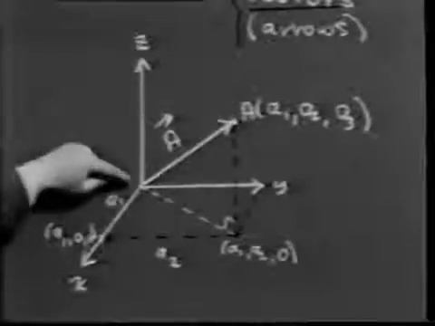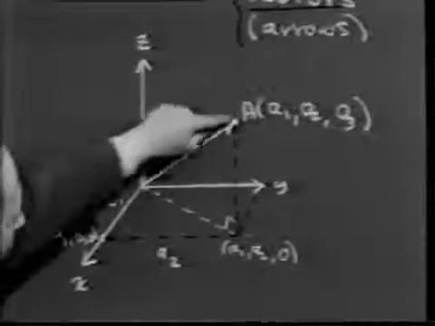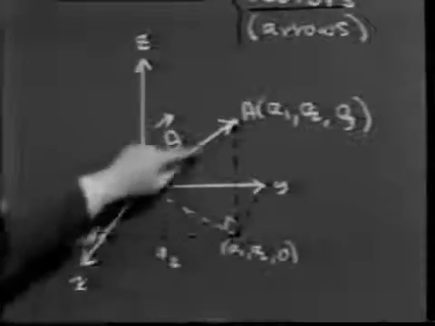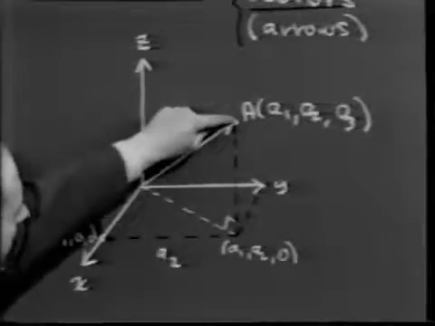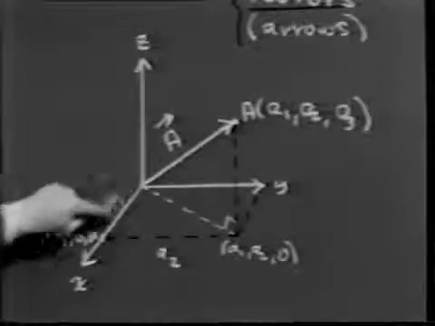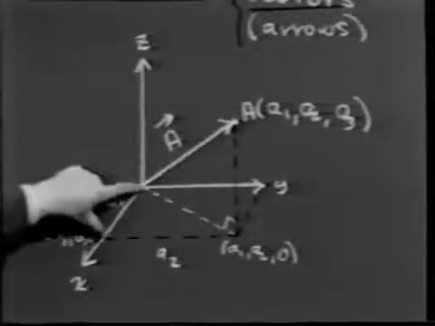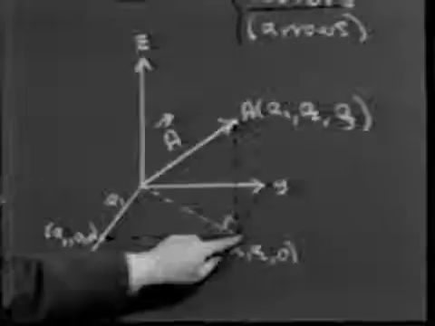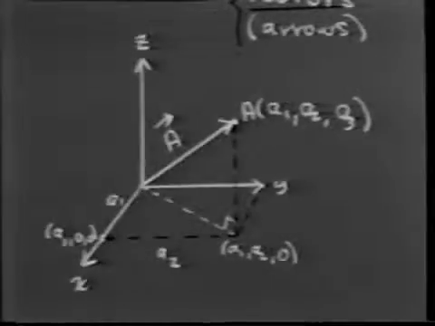To see this thing pictorially, notice the three-dimensional effect of the vector A. It means that if we drop a perpendicular from the head of A to the xy plane, then you see this distance is A1, this distance is A2, and this height is A3.